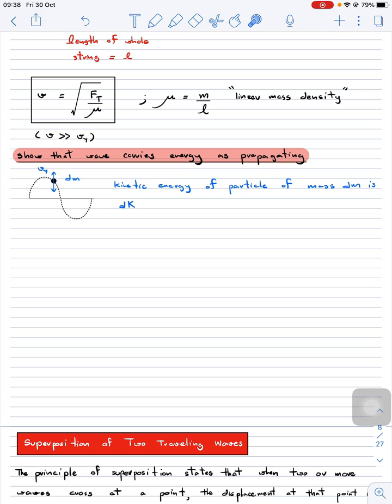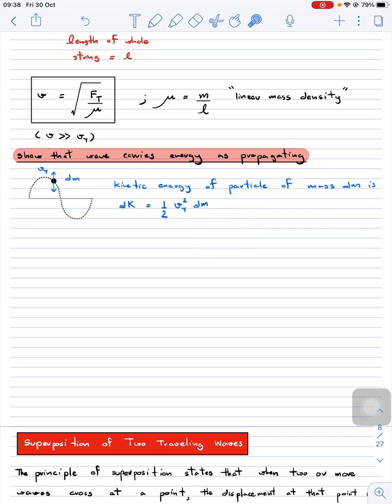So let's use the kinetic energy as dK. The dK is equal to 1/2 mv squared, but now this m is dm, and the v is going to be vy, and then squared.